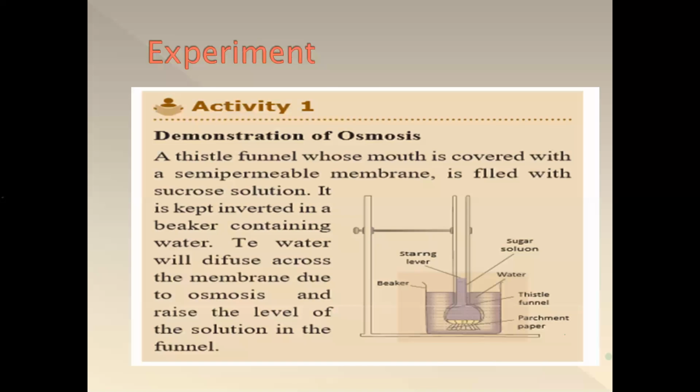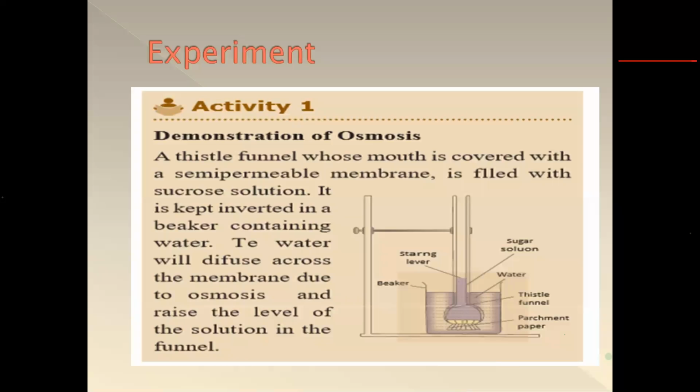Then, using this osmosis, you have an experiment. After the school reopens, you'll see this experiment. Okay, so this is just a demonstration only. A thistle funnel, how it is being used. See here, the funnel whose mouth is covered with a semi-permeable membrane is filled with the sucrose solution. Okay, thistle funnel. சரியா?